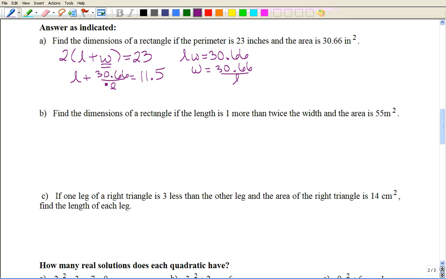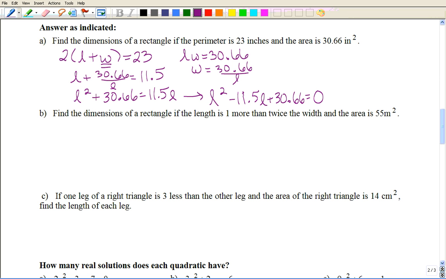And then to get this L out of the denominator, I'm going to multiply every single thing by L. So I'll have L squared plus 30.66 equals 11.5L. And then if I put that into standard form of a quadratic, I'll have L squared minus 11.5L plus 30.66 equals 0.